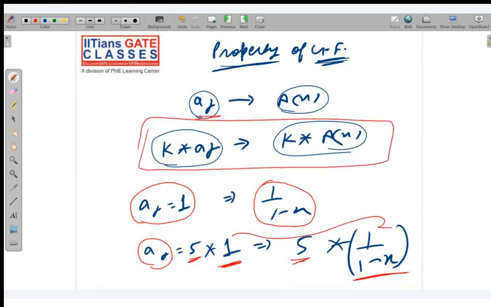For AR we have AX, then for K multiplied by AR it will be K multiplied by AX. We will use this property many times.